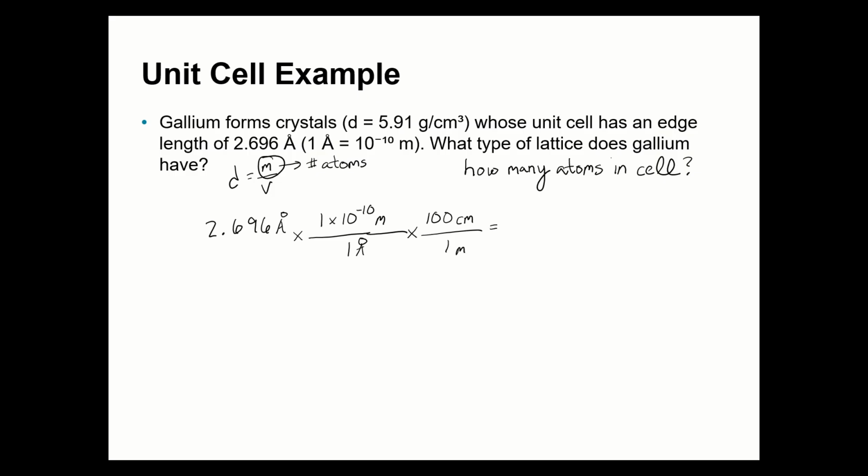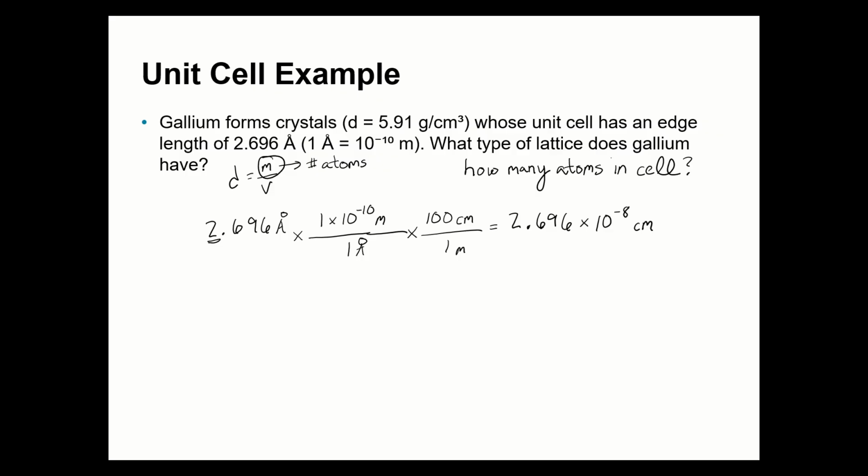And notice how each time, as long as we're starting out with 1 digit to the left of that decimal, that we're always getting times 10 to the negative 8th, because it's negative 10th times 100, which is times 10 to the negative 8th. So this is 2.696 times 10 to the negative 8th centimeters.